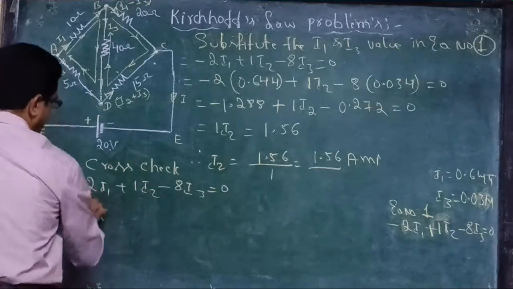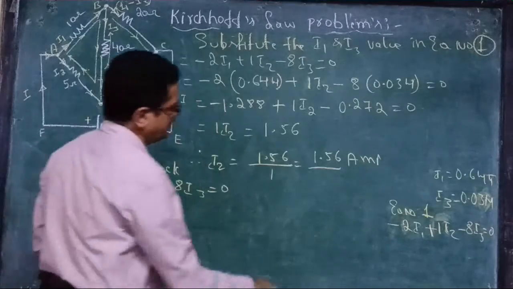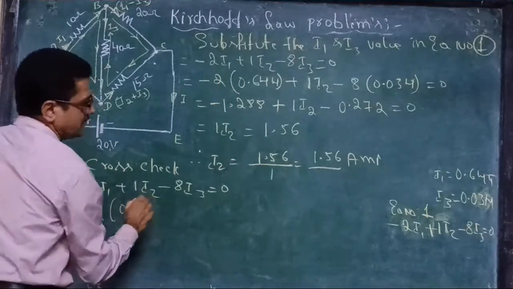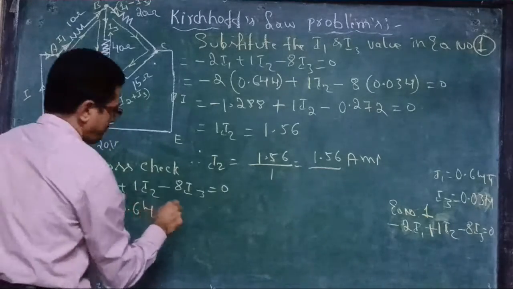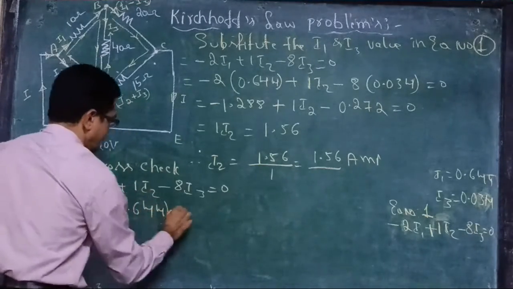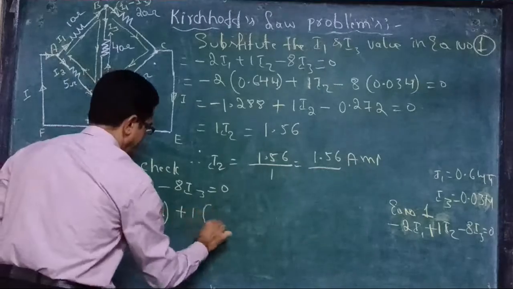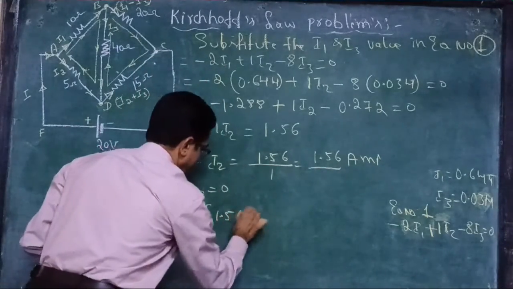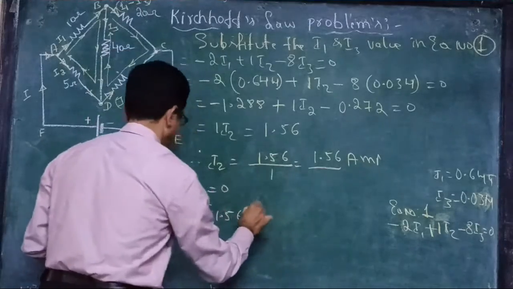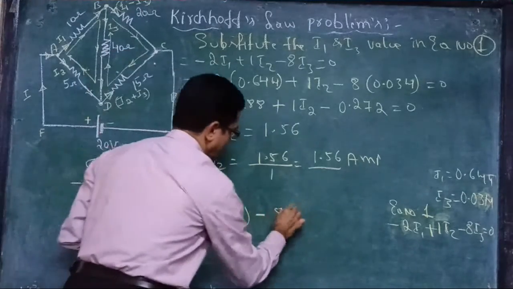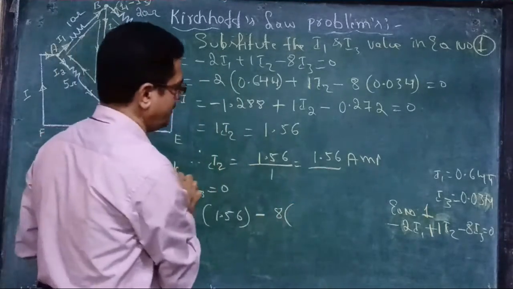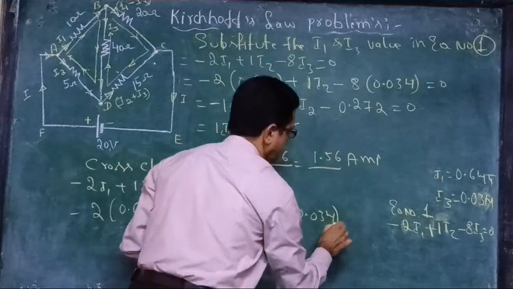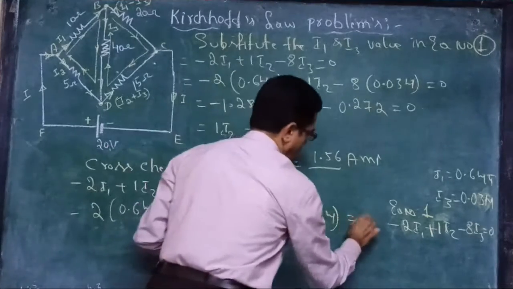Okay, I1 value how much? 0.644. Plus 1 into I2 value 1.56, minus 8 I3. What is the I3 value? 0.034. Okay, is equal to what? 0.